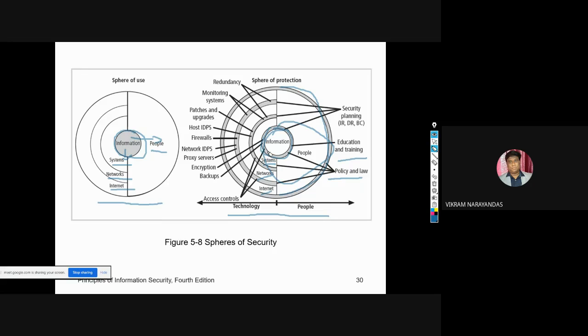Controls are implemented between the systems and information, between the networks and computer systems, between the internet and internal networks.